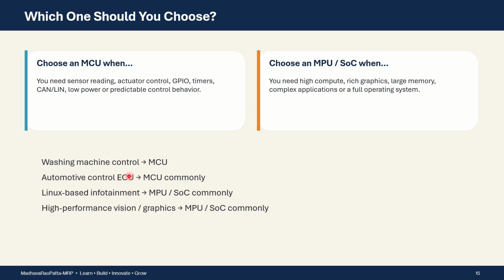For automotive control units, ECUs, microcontrollers are mostly used. For any Linux-based infotainment, a microprocessor or SoC will be used. For high-performance vision or graphics, we commonly use a microprocessor or SoC. Now we understand what the difference is between microcontrollers and microprocessors.